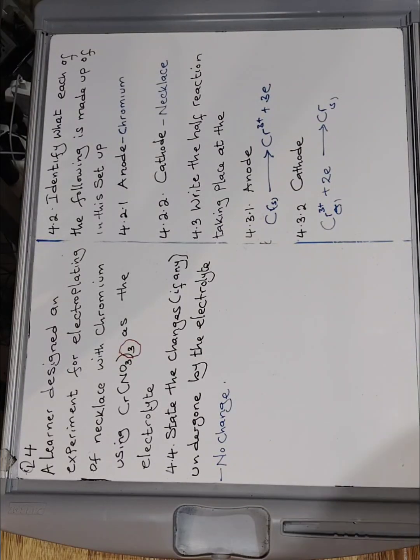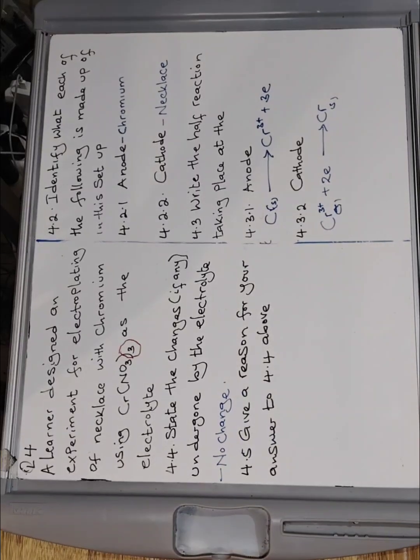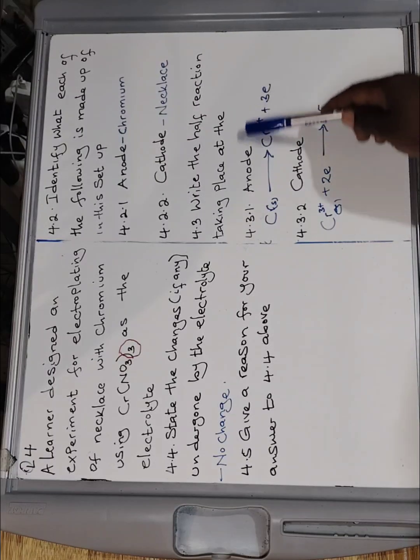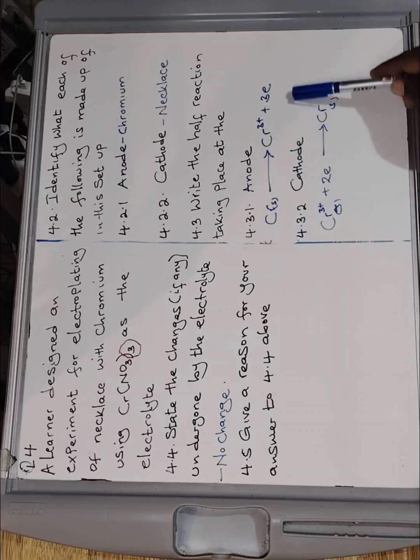Okay, next question. So the question reads 4.5. Give a reason for your answer to 4.4 above. What is the answer? No change. The question is why? The answer lies here.